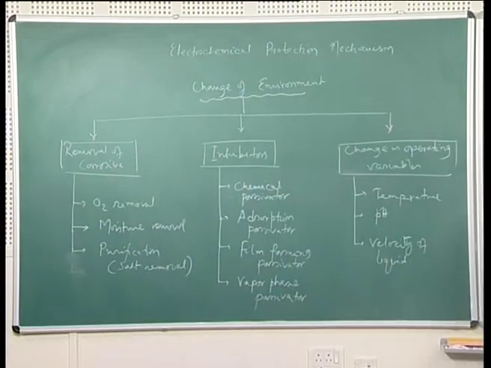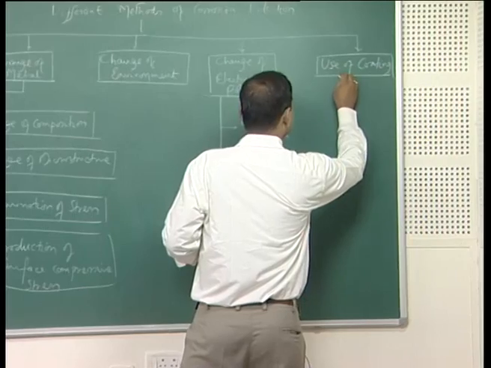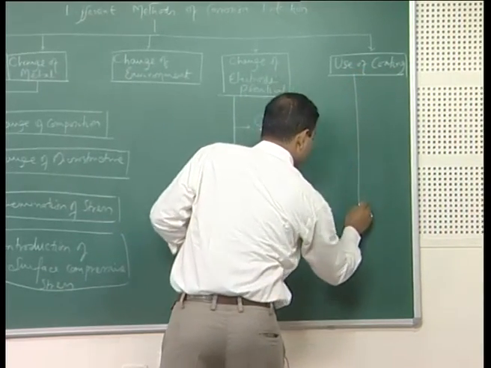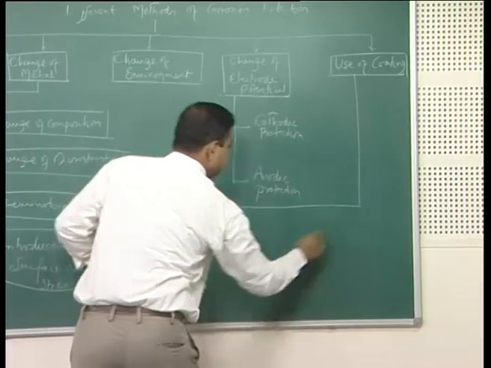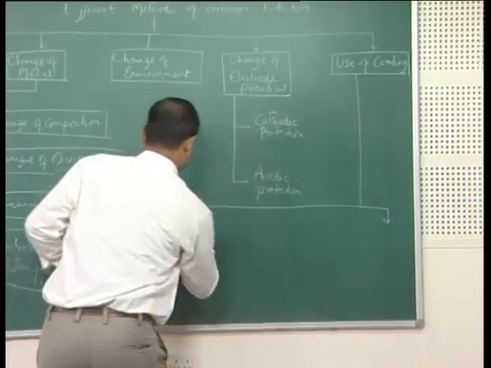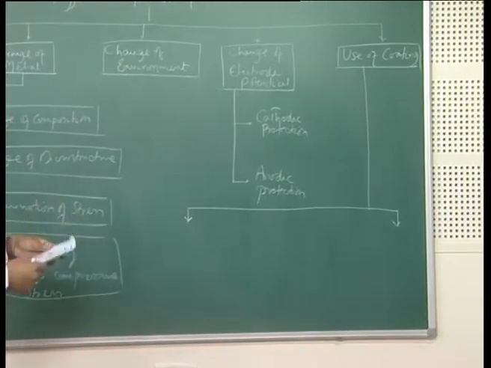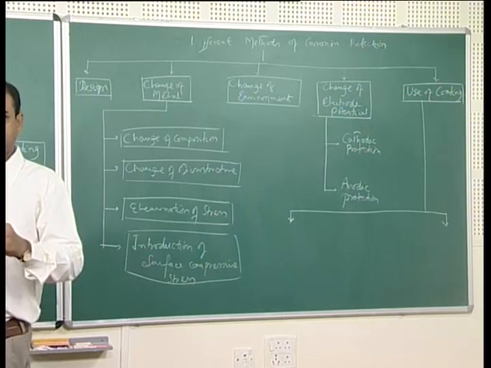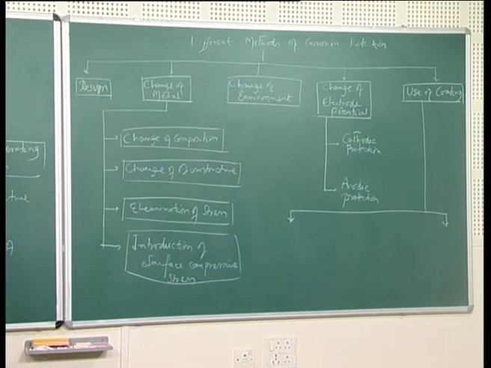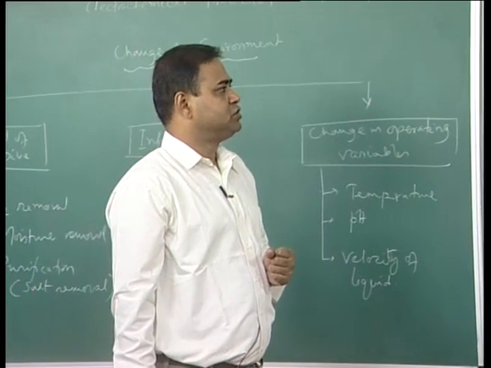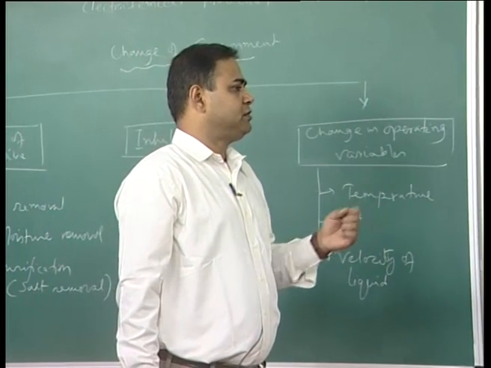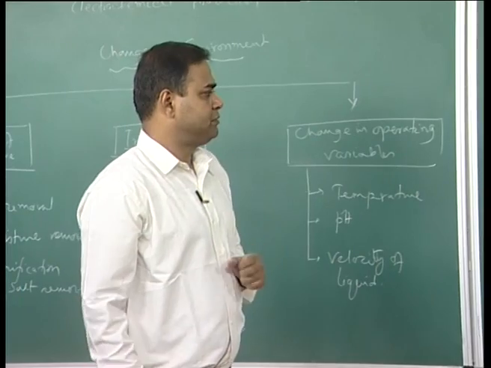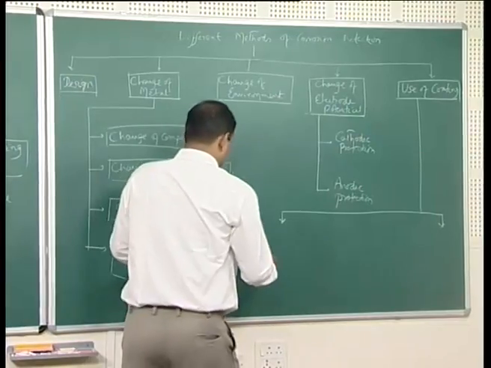Then you have use of coating. So, use of coating can have two subsections. Coating means application of some external agent or external film on the metallic object to have protection from corrosion.